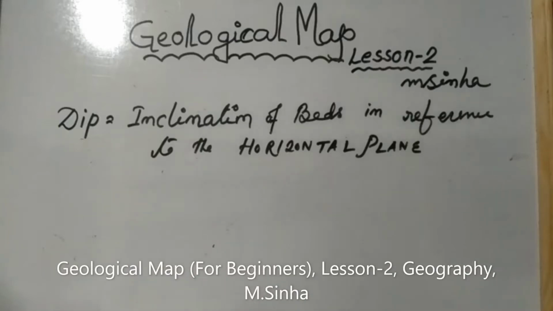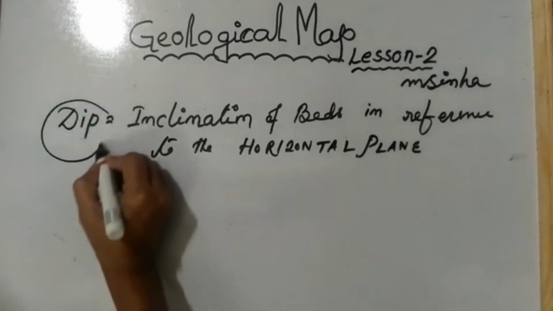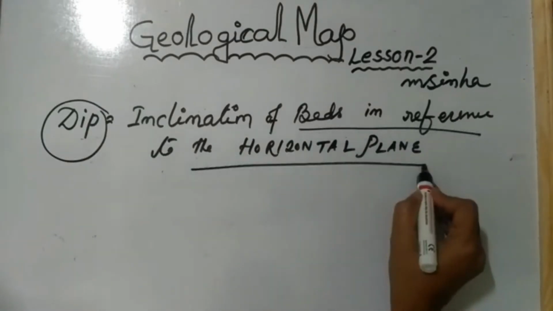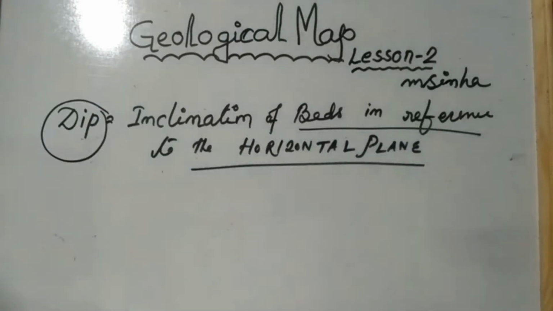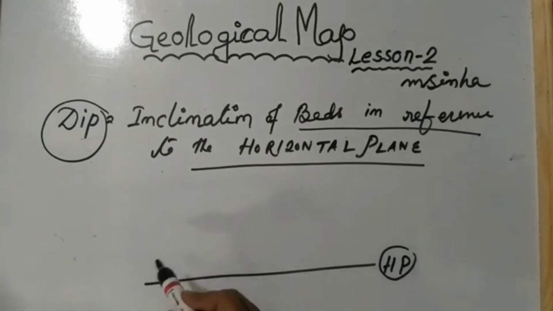In the last video, we discussed a lot about the dip and the strike. Basically, dip is the inclination of the beds in reference to the horizontal plane. Suppose this is the horizontal plane. Here the beds are dipping.